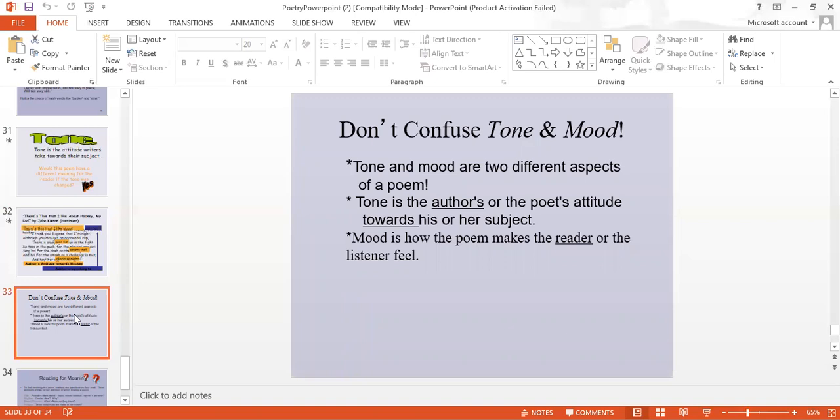Tone and mood are two different aspects of a poem. Tone is the poet's attitude towards his or her subject. Mood is how the poem makes the reader or the listener feel. That's the difference between the two, because many people often confuse tone and mood.